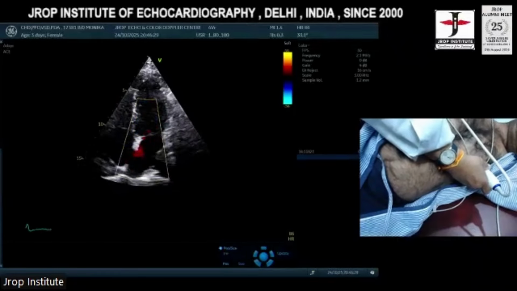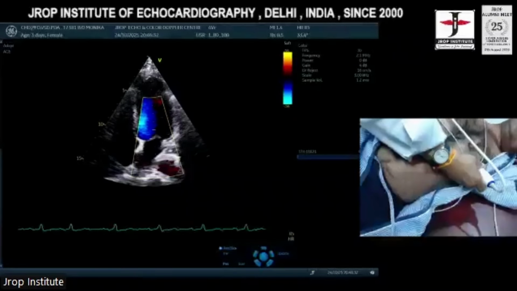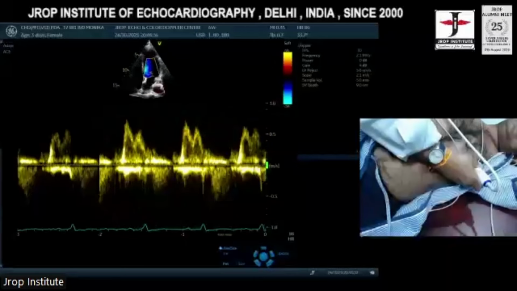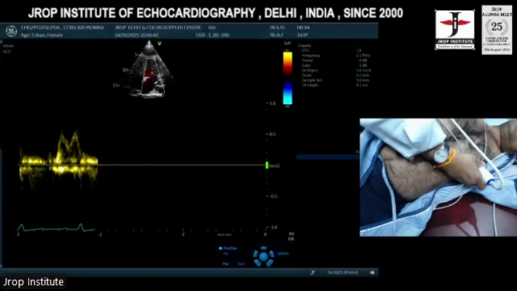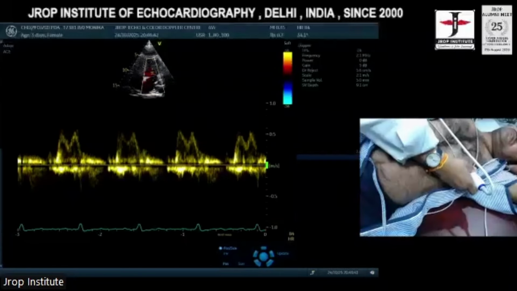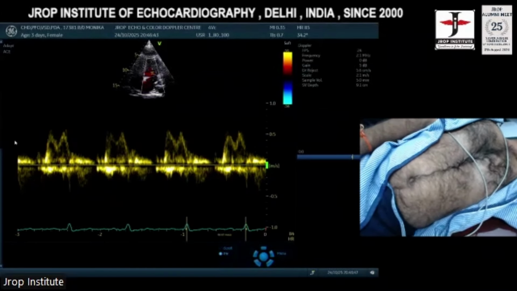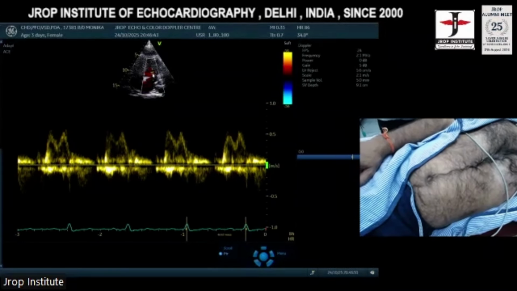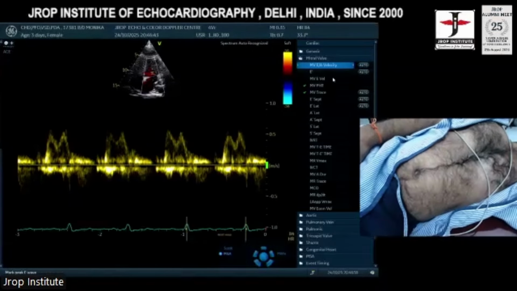If I switch on my colors, now this is pulse wave. Now what exactly is it doing? It is doing the same thing, but it is only measuring flow velocity across this mitral valve. Now I'm going to do a trace of this.